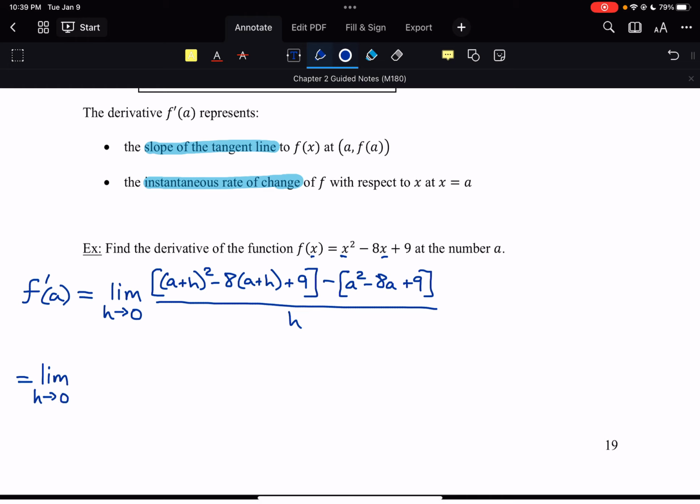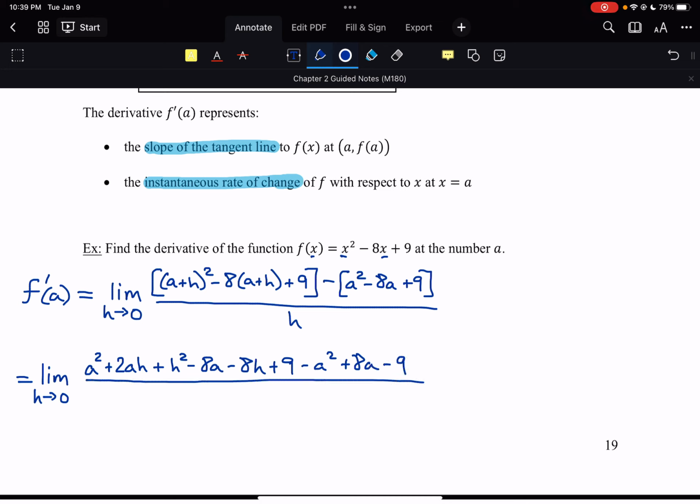This is going to give us a long string of terms that will hopefully simplify nicely if we want to have a chance of solving this problem. So let's go ahead and go through these. So we're going to have, FOIL this out, a squared plus 2ah plus h squared minus 8a minus 8h plus 9. Distribute this negative, minus a squared plus 8a minus 9 all over h.